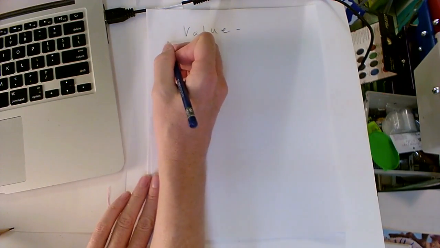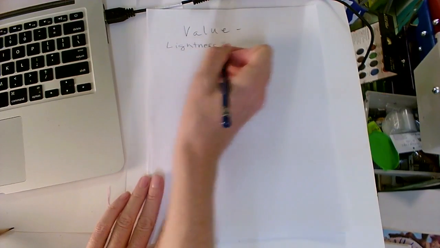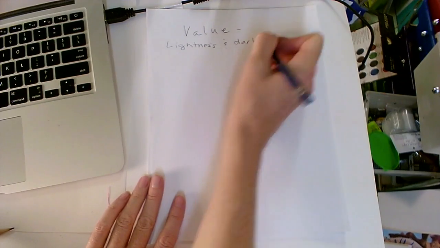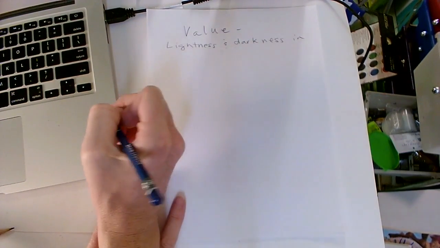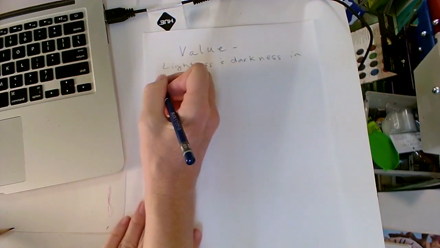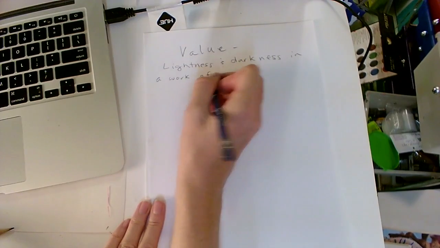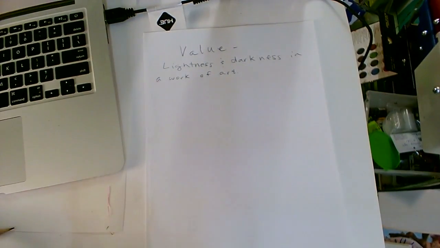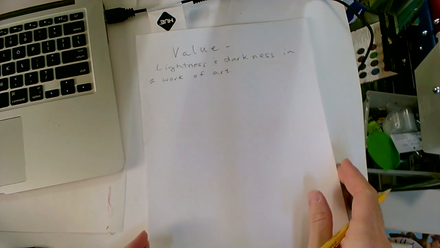Value is the lightness and darkness in a drawing or a picture. I'll just say a work of art. Now, in order to create a value chart, I personally like to make a little rectangle underneath.